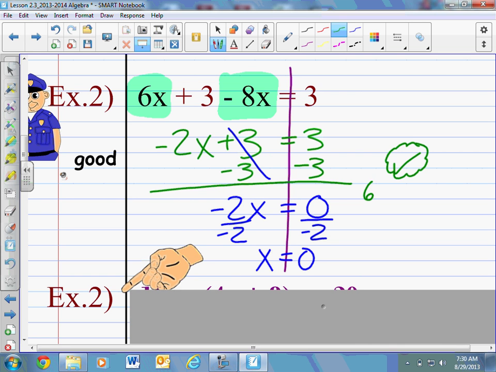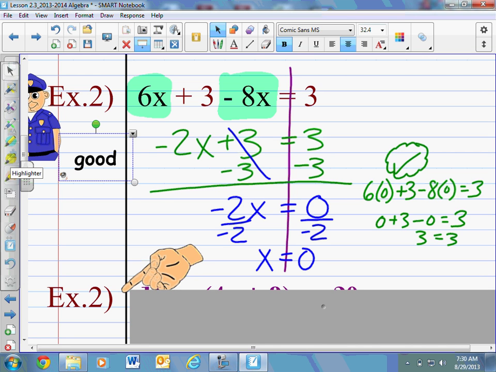So 6x, I'm going to put the 0, plus 3 minus 8 times 0 equals 3. And then solve it. That would be 0 plus 3 minus 0 equals 3. 3 equals 3. If you get the same number on both sides, you know you did it right. And this one's right. Good job.